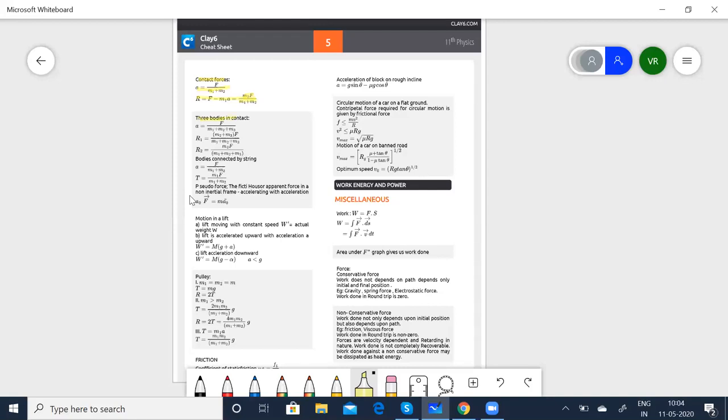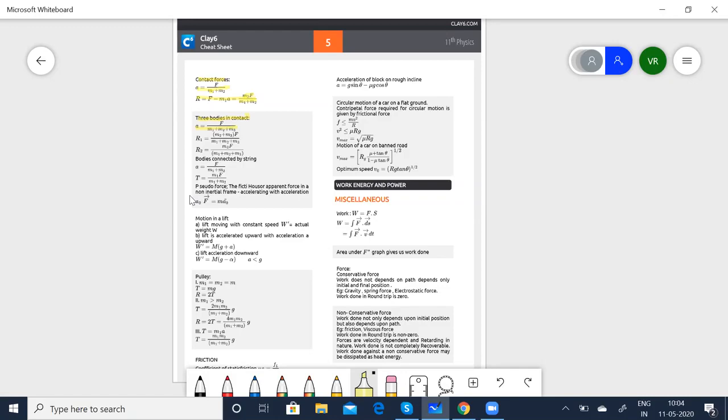Okay. What will be the formulae when three bodies are in contact? In that case, let their masses be m1, m2, and m3, and F is the total net force acting on it. Then what is the acceleration? a is equal to F by (m1 plus m2 plus m3).